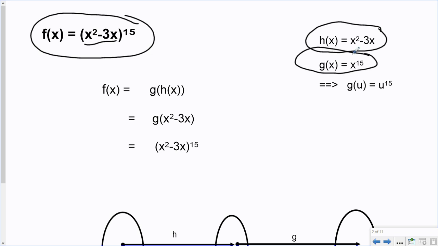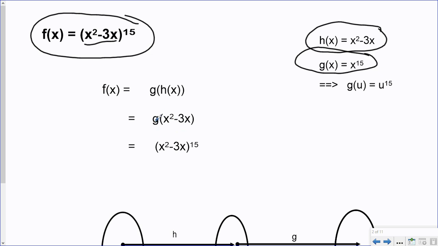Now the issue is that I should introduce another variable here, because I've got two functions in terms of x. So rather than call it g with respect to x, I'm going to call it g at u, and that would equal u to the power of 15. So when we look at that, we can look at the big function f at x as a combination of h at x, that would be x squared minus 3x, and a g.